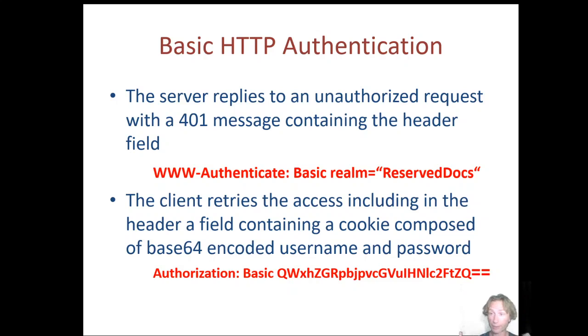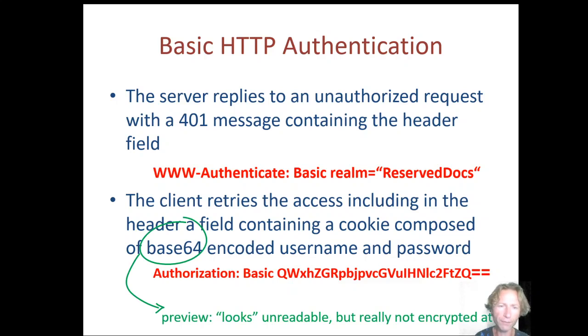Now this looks like it cannot be read and doesn't reveal any information because it looks very much encrypted, but in reality, of course, it isn't. This is just base64, so it actually contains the username and password in the clear. So it's not very good authentication.